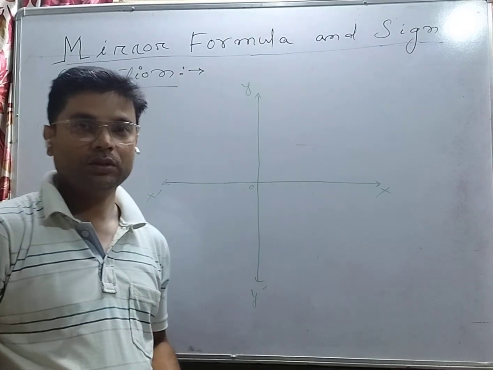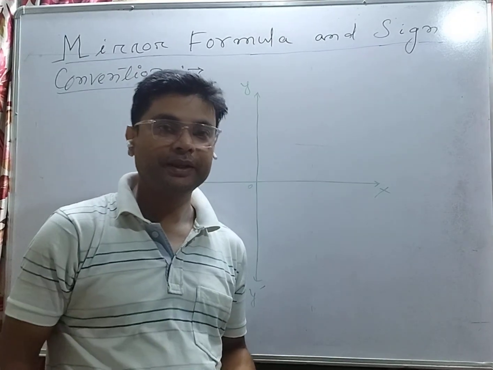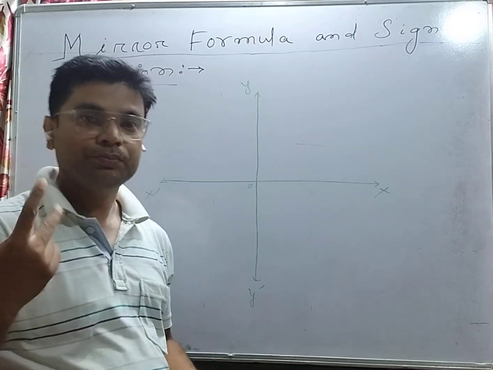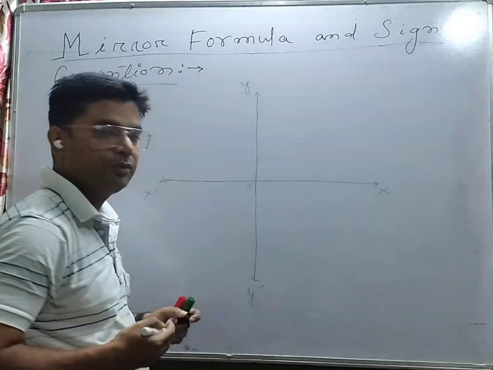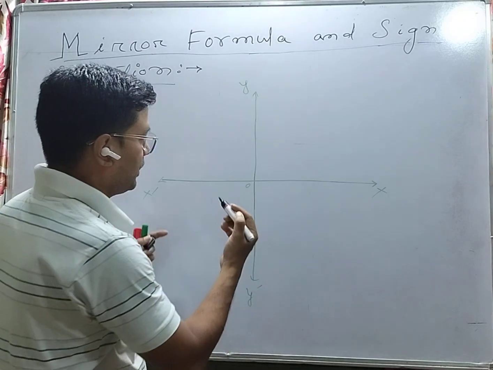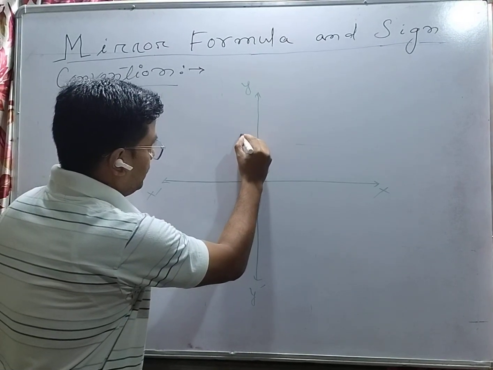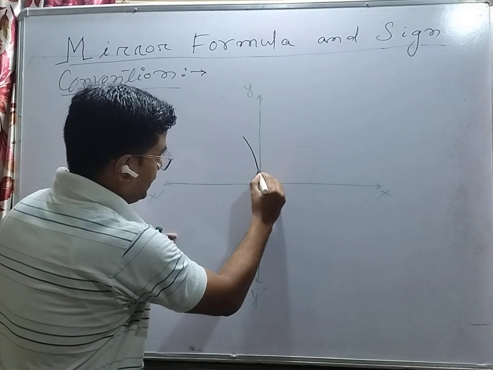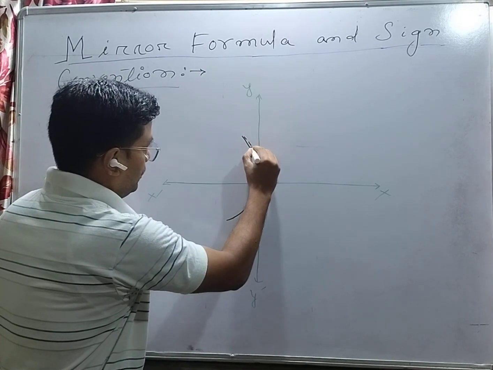Wherever we talk about object distance or image distance or focal length of any spherical mirror, the mirror should be kept at the origin of the rectangular coordinate system. Let's suppose here is a spherical mirror, a concave mirror.